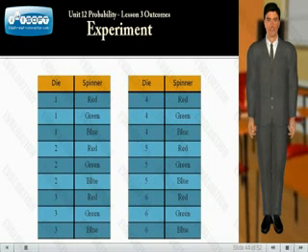And if I toss the die, I can get a 1 first. If I spin the spinner, I can get a red. Or I can get a 1 again, and then green, then a 1, then blue. And I keep that up until I get all the possible choices that can occur.